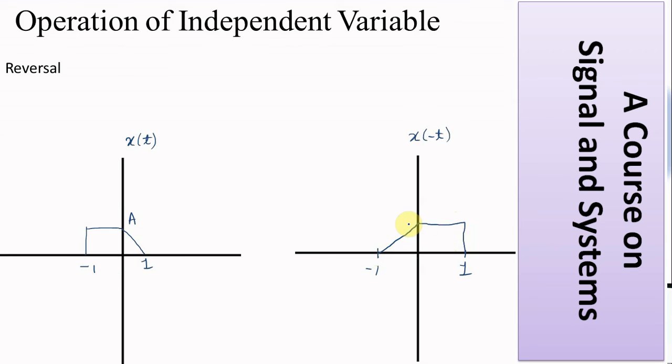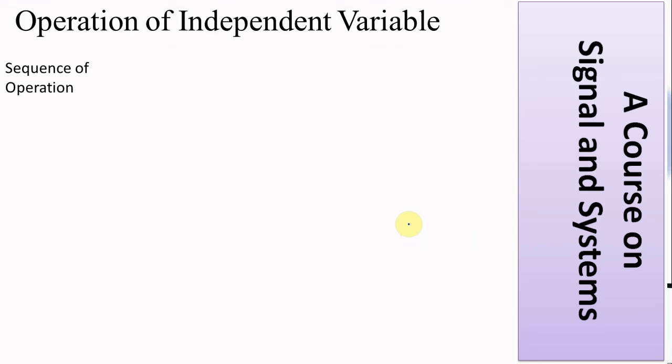Now quickly, what is the sequence of operations? The first operation that I will always suggest is shifting. Always perform the shifting first, then we can perform scaling, and finally we can perform time reversal.